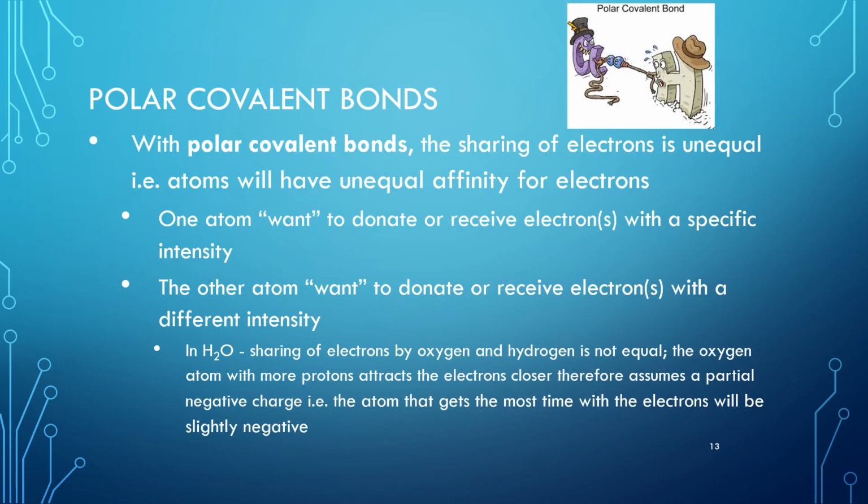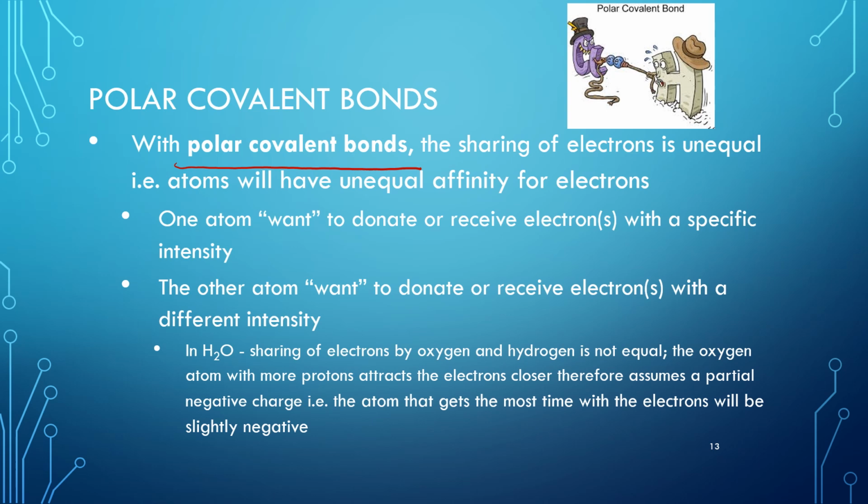However, sometimes the electrons are not shared equally, and that's because some atoms will have a stronger pull on the electrons. When the electrons in the covalent bond are not shared equally, it's called a polar covalent bond.